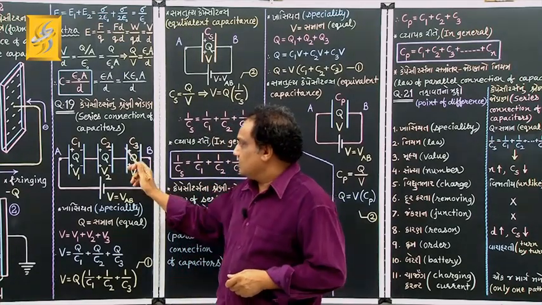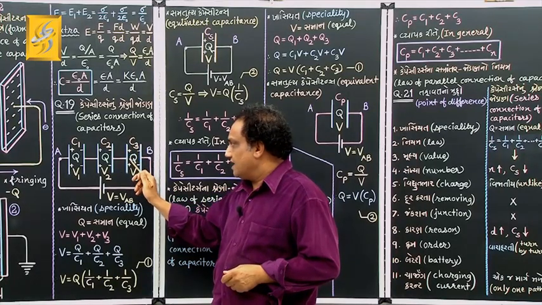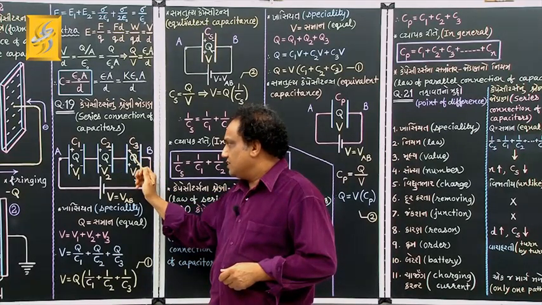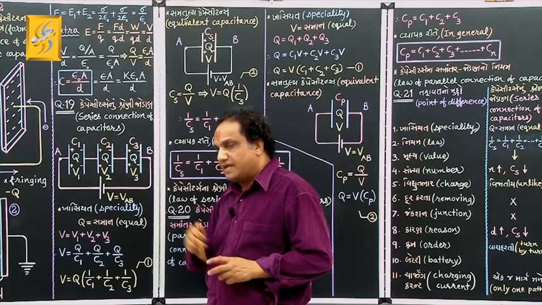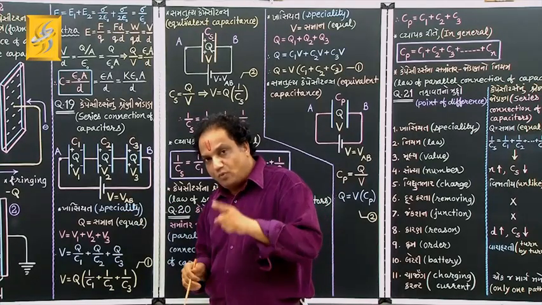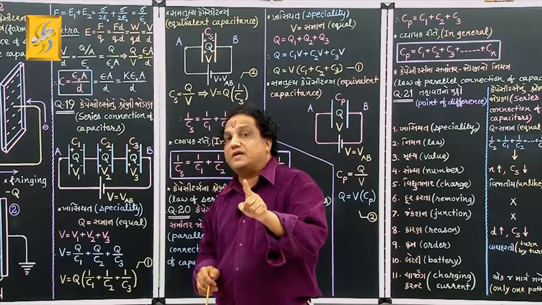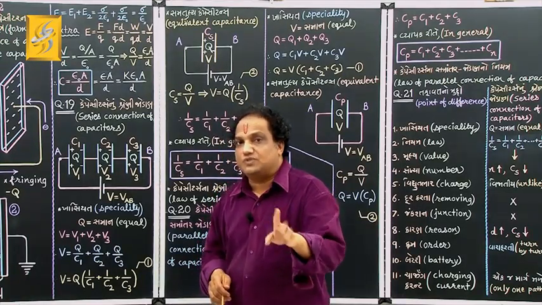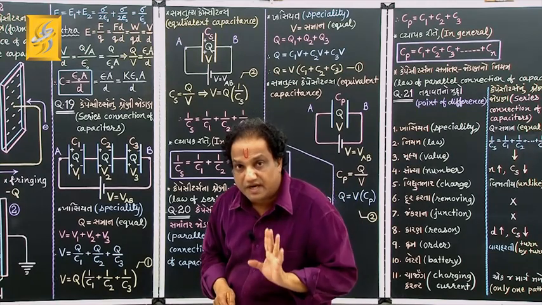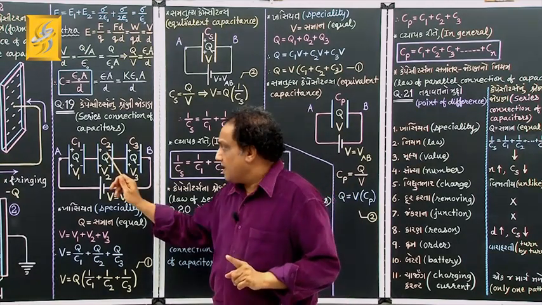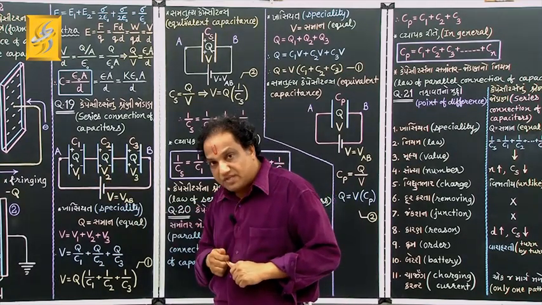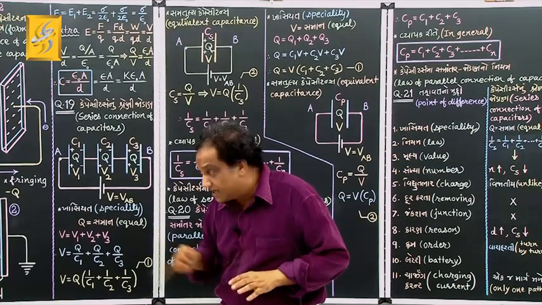You can see polarity of the charge, here positive, here negative. So here you can say polarity of charges between the connected plates are opposite. One is positive, rest is negative. So unlike charges are found to be present on the connected plates here.